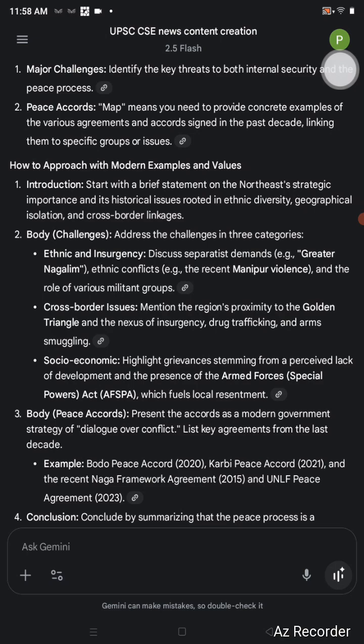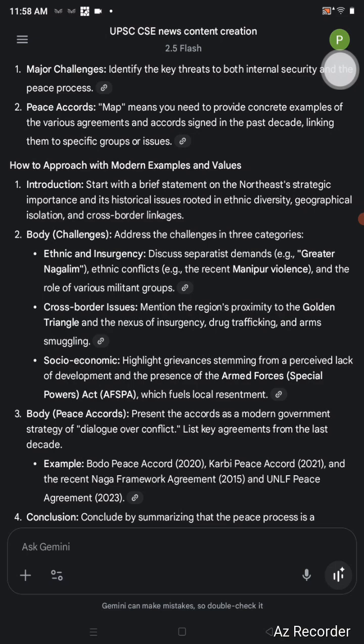Here I will say, please do draw a map of the Golden Triangle and cross borders. In case of borders and geography, draw a map. And mention the nexus of insurgencies, drug trafficking, arms smuggling, and all other illegal activities happening through cross-border issues. And you can quote some examples if you have.